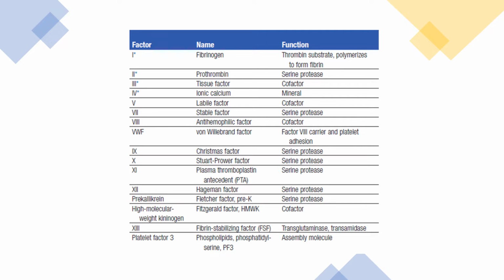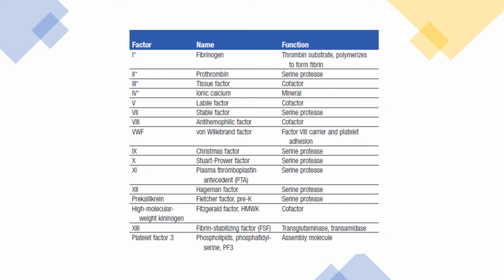If you remove calcium, the process of coagulation will not proceed. Factor 5 is labile factor. Factor 6 is not here. Factor 7, stable factor. Factor 8 is antihemophilic factor, then von Willebrand's factor, VWF.